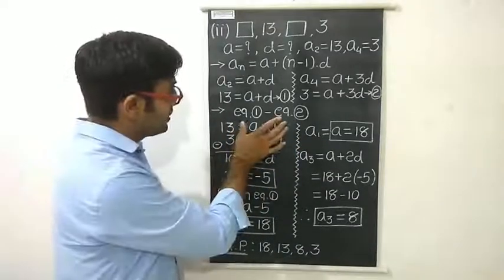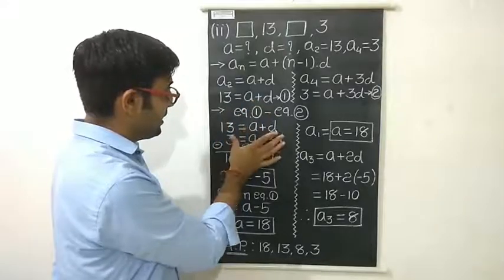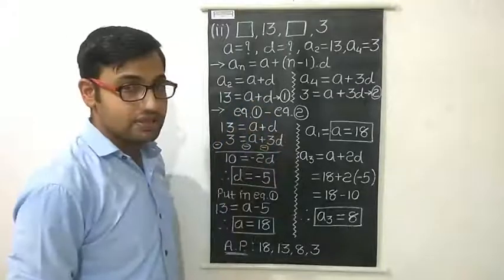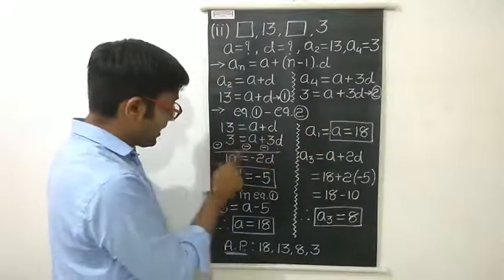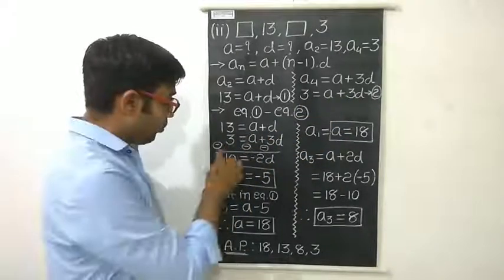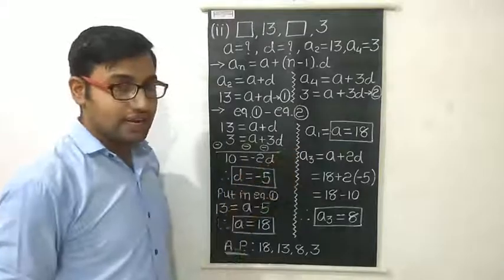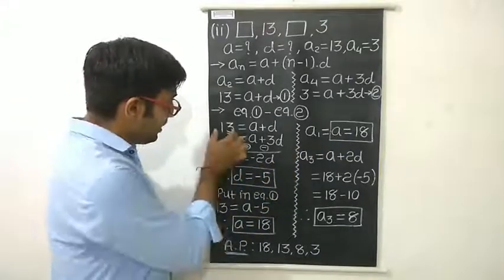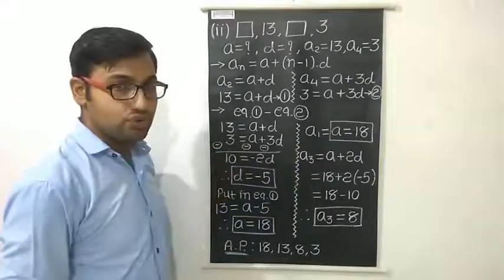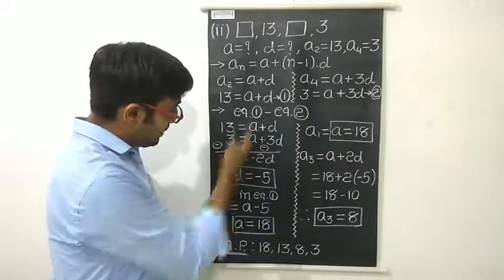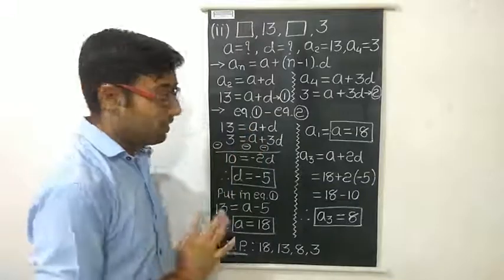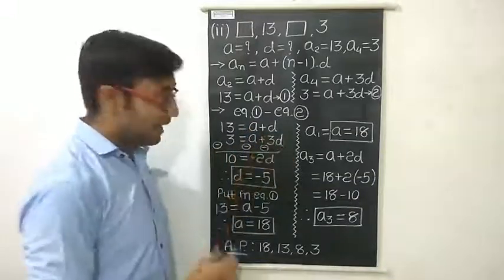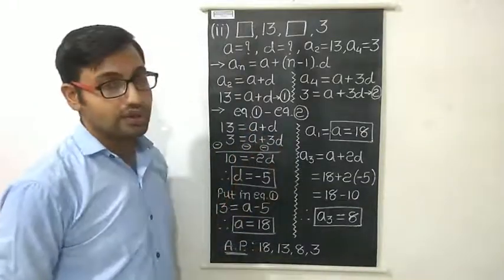By doing this, equation number 1 will remain as it is, 13 is equal to a plus d, and this one remains as it is, but its sign will change. All are positive, so all become negative. Now 13 minus 3 is equal to 10. a and minus a cancel each other, so a is eliminated. d minus 3d is equal to minus 2d.